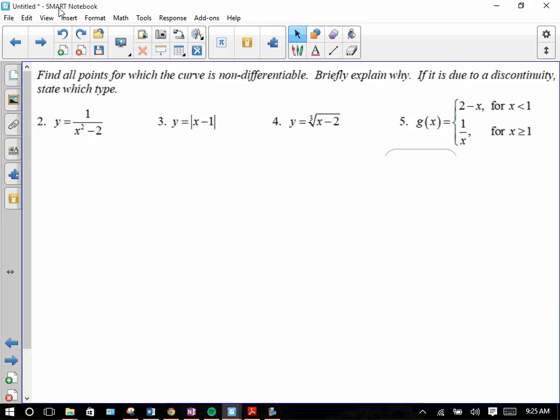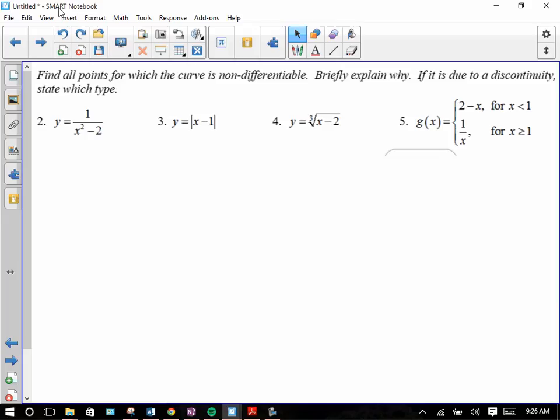We need to know it's going to be non-differentiable because it's a corner, cusp, or vertical tangent. And it's going to be discontinuous if you have a jump discontinuity or an infinite discontinuity, a vertical asymptote.